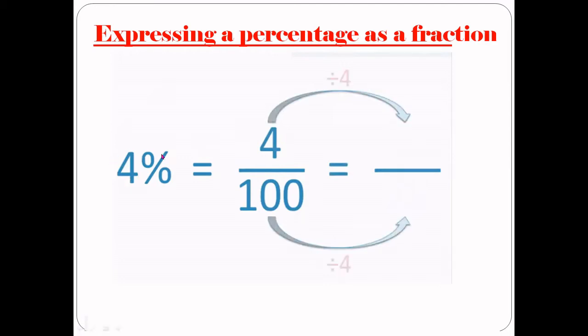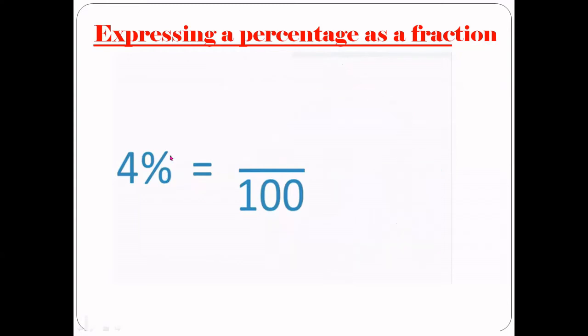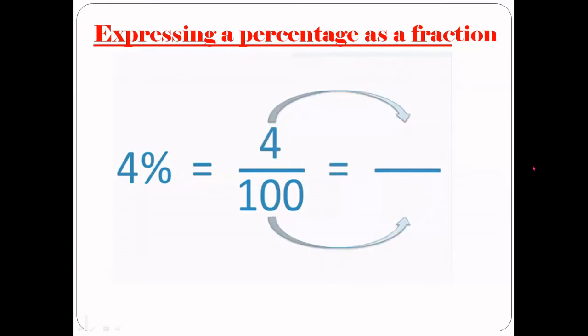After that, don't write the percentage sign, because this 100 represents the percentage sign. 1% means 1 over 100. So 4% means 4 over 100. And don't forget to keep the answer in the simplest form.